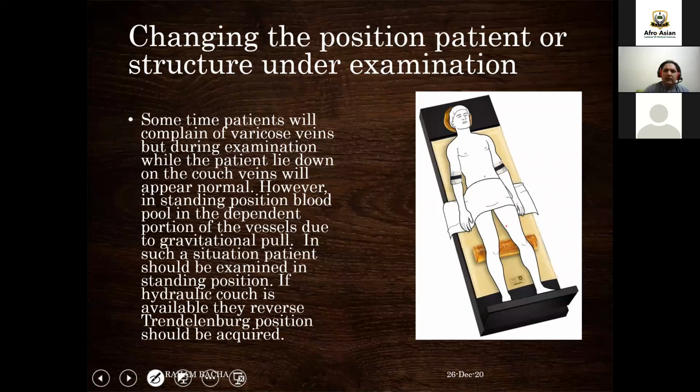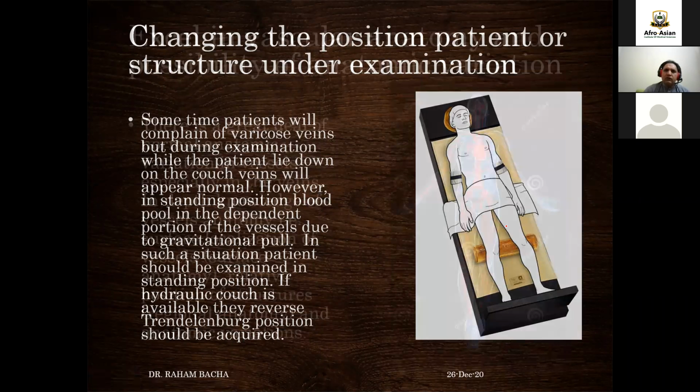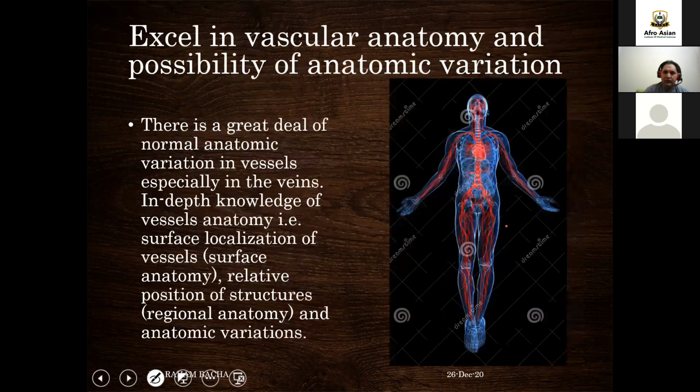Then, excel in vascular anatomy. That is of utmost importance for vascular examination. Anyone who is related to vascular examination, first of all, should know every vessel, its surface anatomy, its relative anatomy, for example sectional anatomy, and all the related structures anterior and posterior to it.